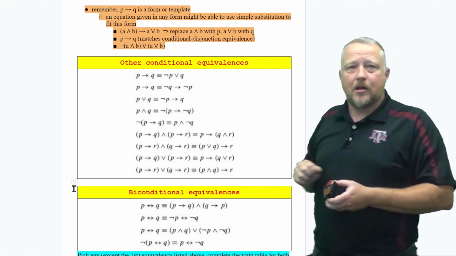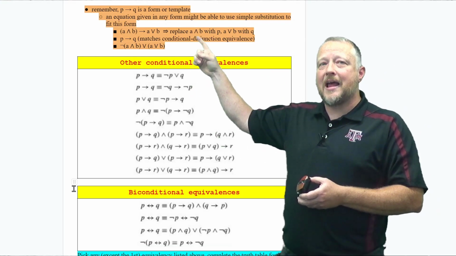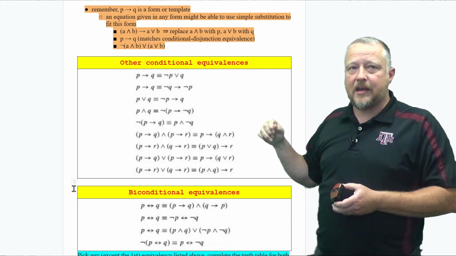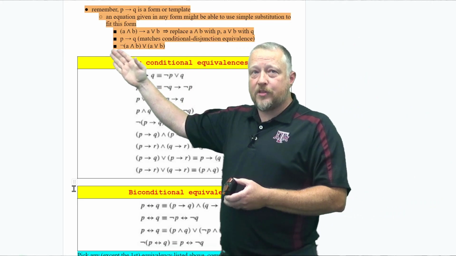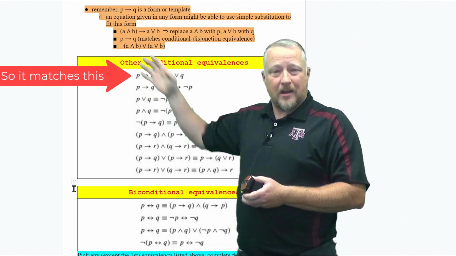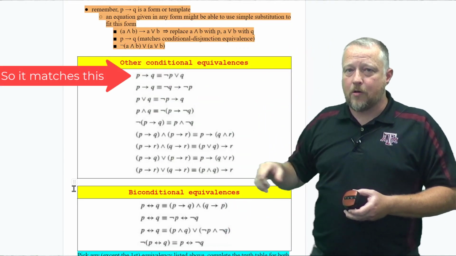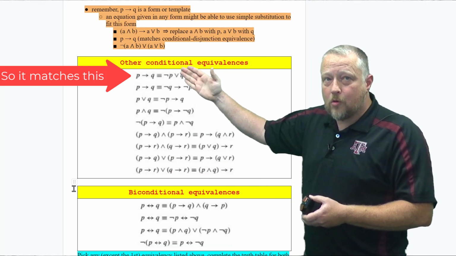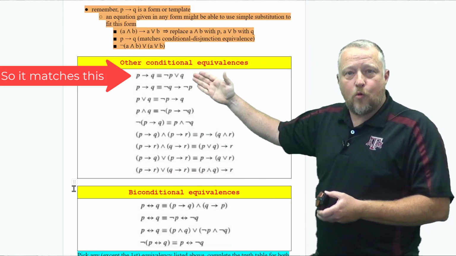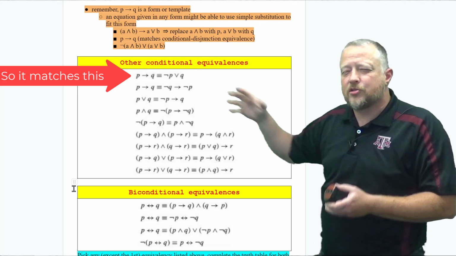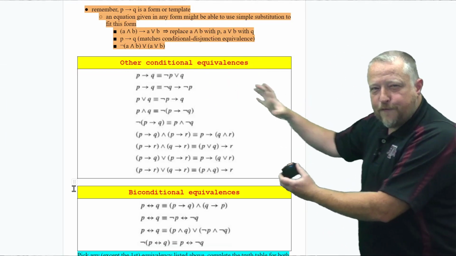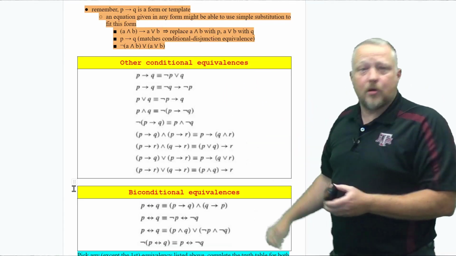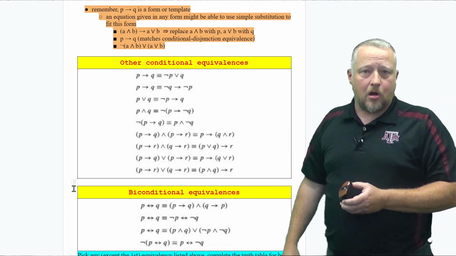If we were to replace the A and B with a P, and the A or B with a Q, you would end up with P implies Q. Now, we have to throw A and B back in there, so bear with me, but now you have it in that form. All we do is simple substitution, just to get it to fit one of these so it makes our lives easier in the long run.